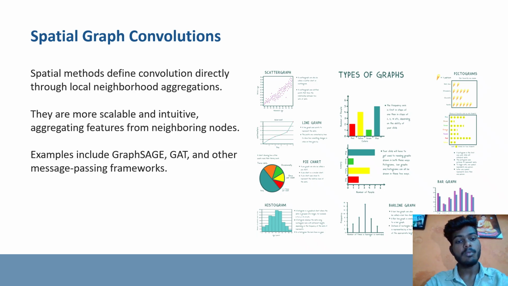They are more scalable and involve aggregating features from neighborhood nodes. Examples include graph attention networks like GAT and other message passing frameworks.